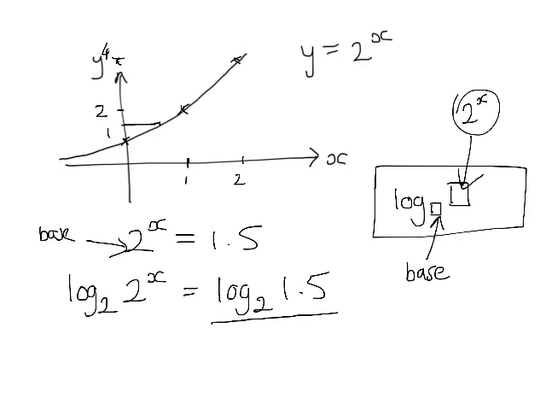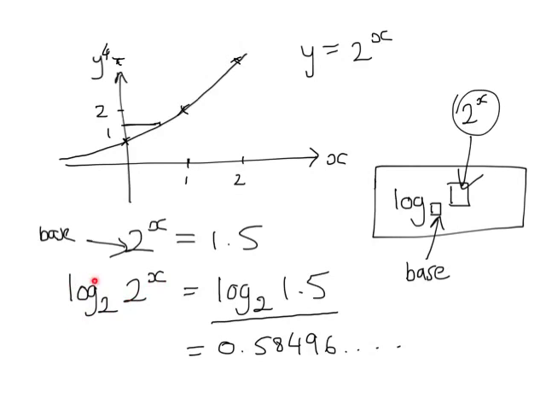So if you put that into your calculator, you should end up with a value of 0.58496 and so on. Now on the left hand side of the equation, we've got log to the base 2 of 2 to the power x.